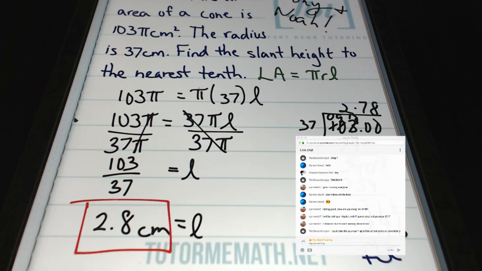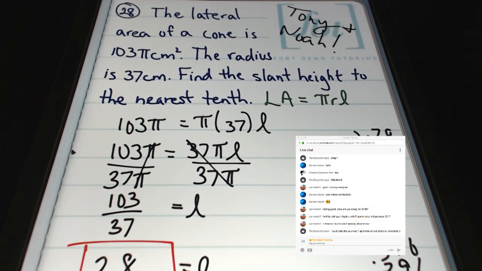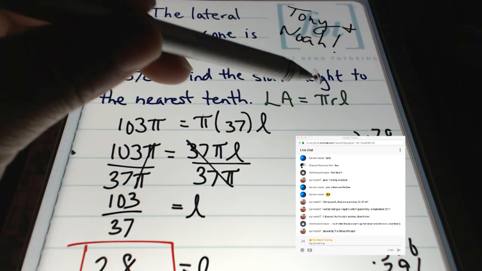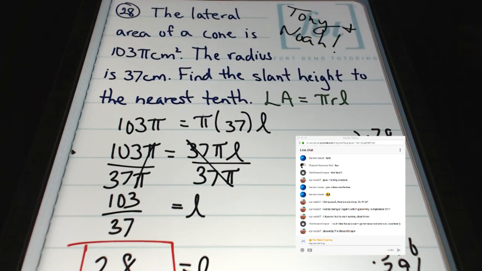So that was problem number 28, guys. What's important for this problem to recall is the fact that Tony and Noah went ahead and made a donation. And that the lateral area for a cone is equivalent to pi times the radius times the slant height. And when solving for that slant height, all we did was replace the given values into our formula.